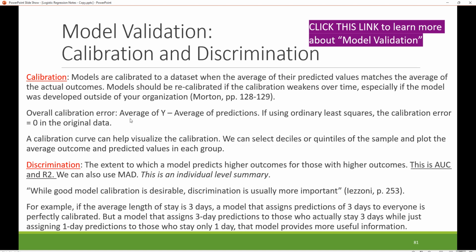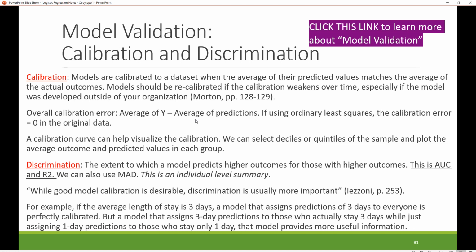Overall calibration error, that's one way to examine calibration, is to look at the average of y. That's the average of the outcome. In our sample, that is 6.6% or 0.066. And then we'd subtract the average of our predictions.